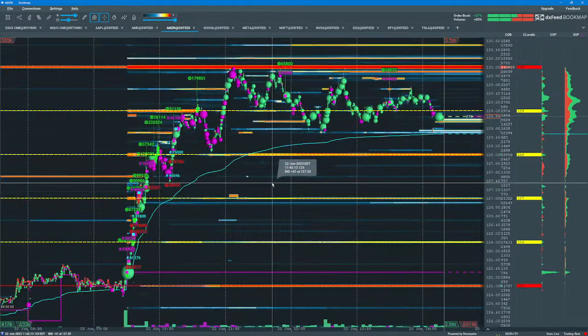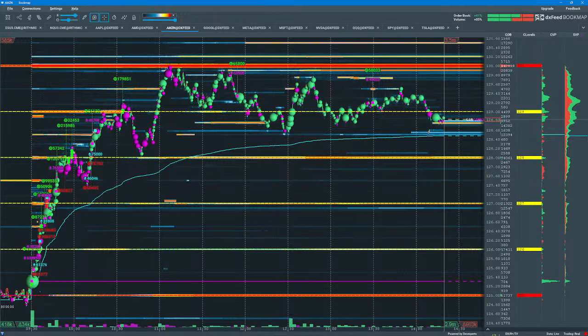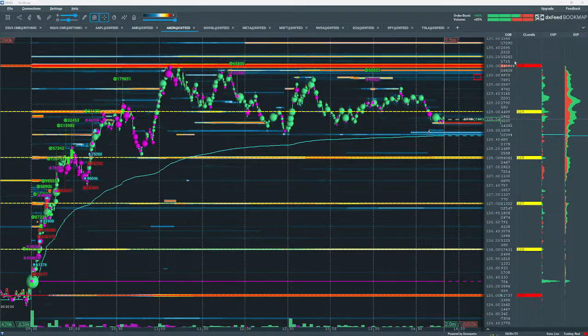All right, if anybody has any stocks that they want me to take a look at, let me know. And RJ says Amazon call wall holding thus far, and that is correct. 130 is the call wall for Amazon, and it's doing its job, acting as resistance. So it was a great target this morning for the sharp move up as traders were buying calls.